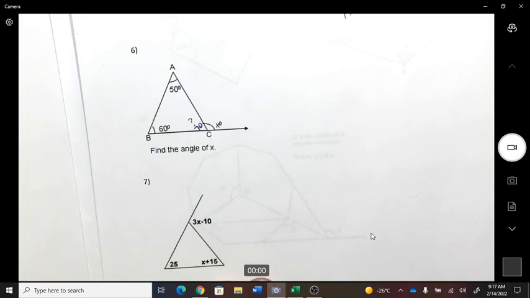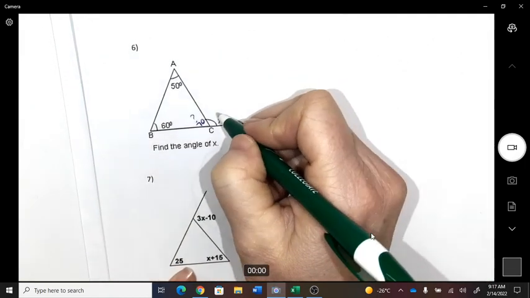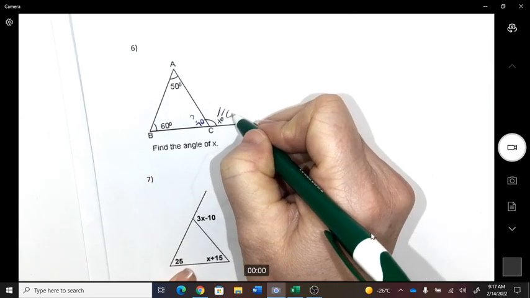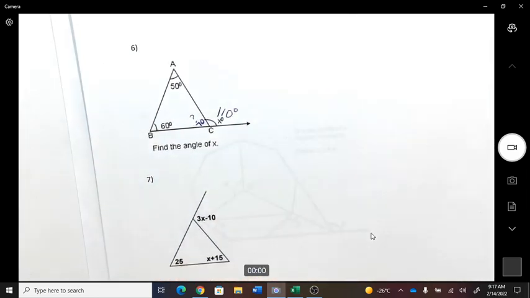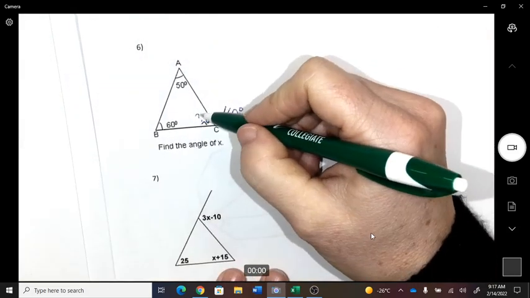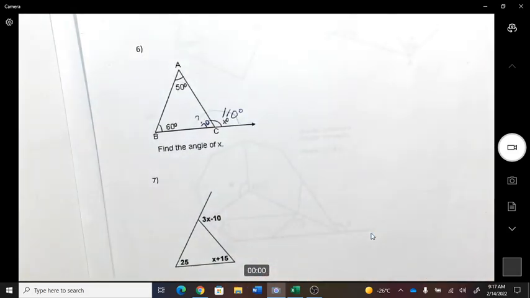So I got 70 on the last triangle angle. Therefore, angle X is 110 because those need to be supplementary. Do you see the straight line? Those two should add up to 180.